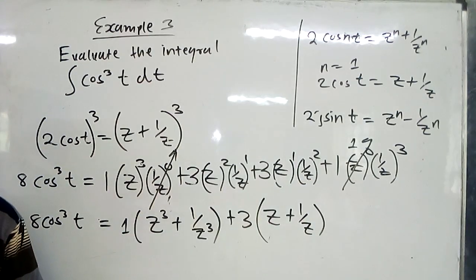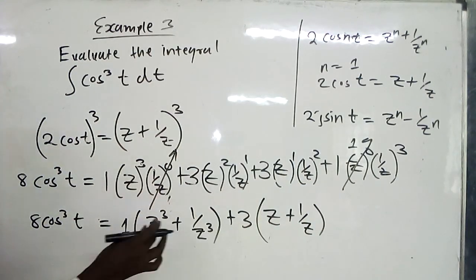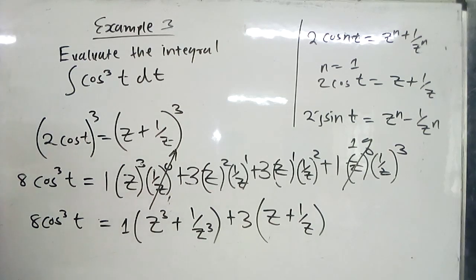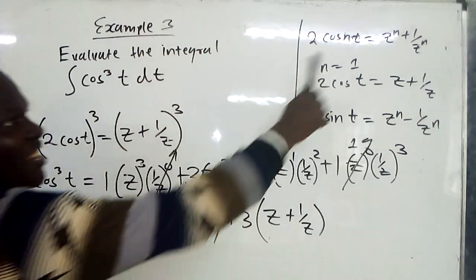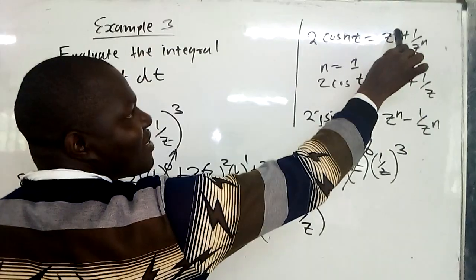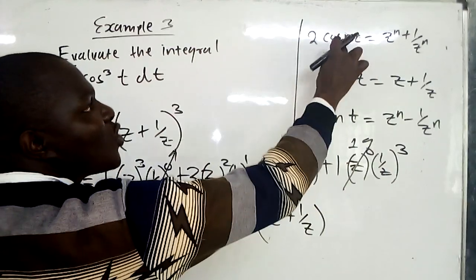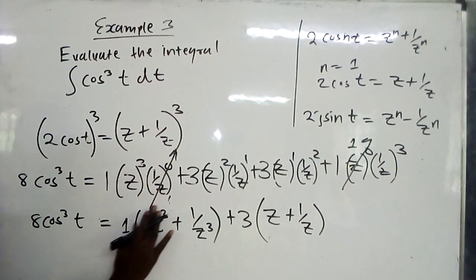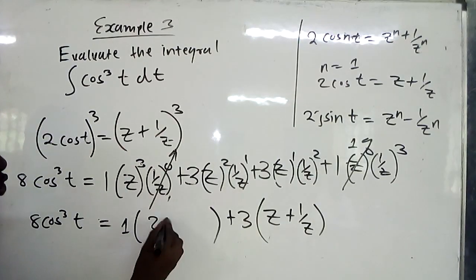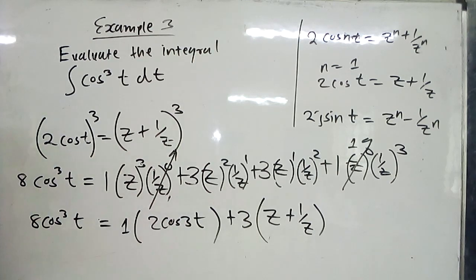Are we together? Then you go back. What is z cube plus 1 over z cube? It means n is 3, isn't it? So when n is 3, when you put 3 where n is, you get 2 cos 3t. Meaning the whole of this is the same as 2 cos 3t.